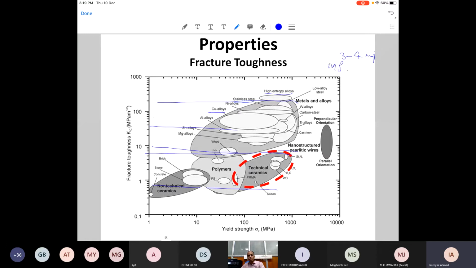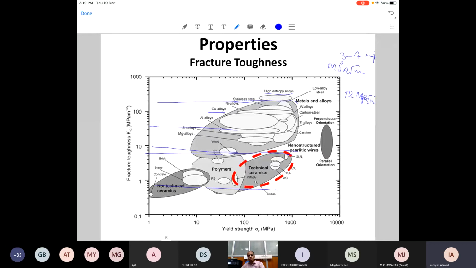root meter. And if you look at toughened zirconia, which is probably one of the toughest ceramic materials, it has got 12, and nobody has produced a ceramic material tougher than that. So this is the problem with ceramic materials.